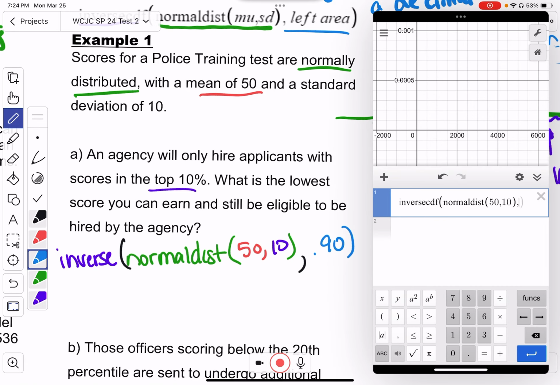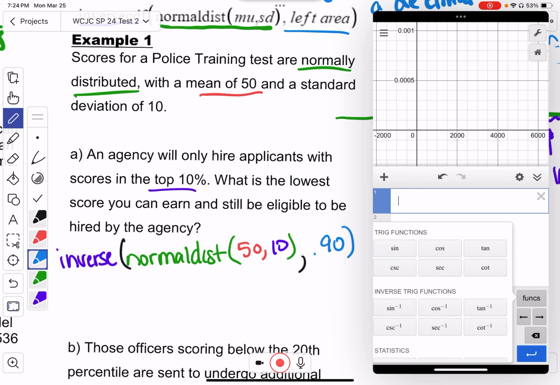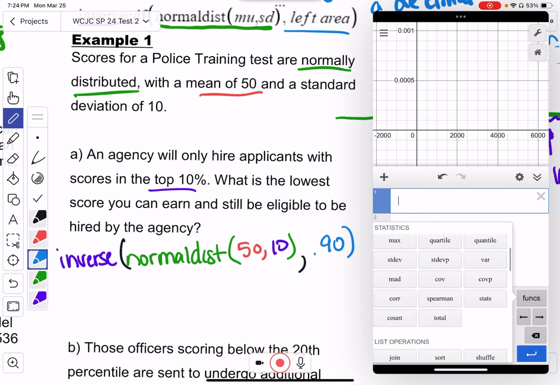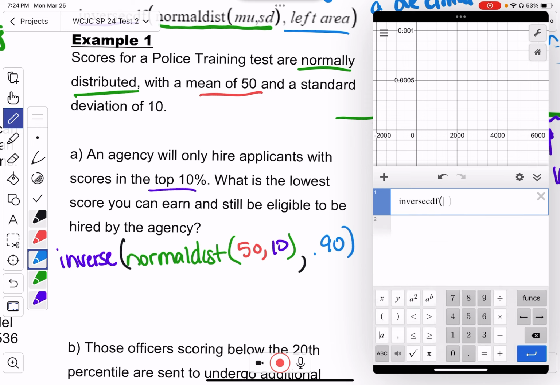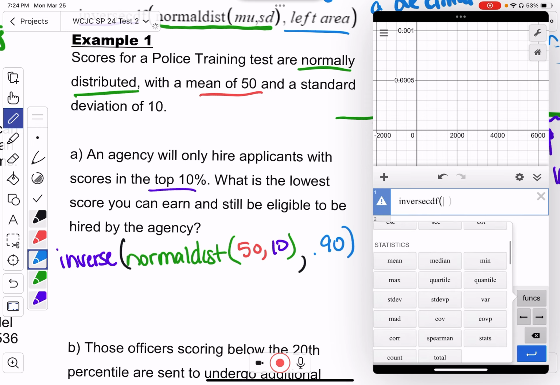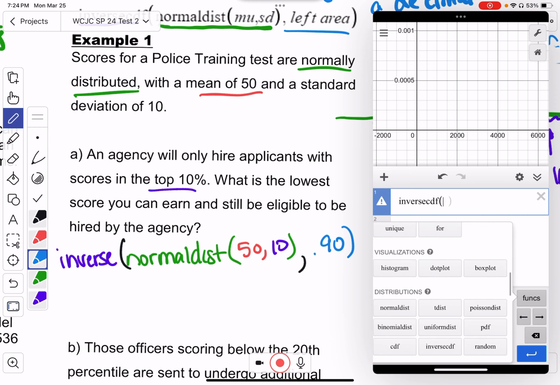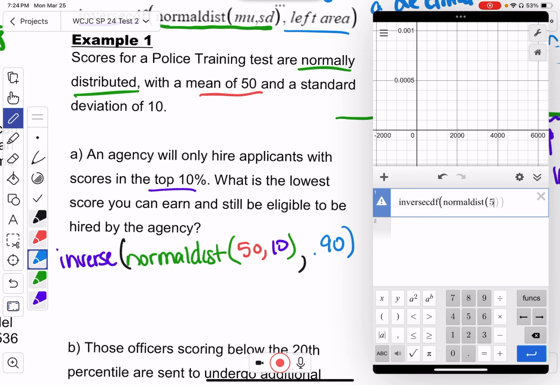We go to functions. The inverse function is located where your other distribution functions are, so it's inverse CDF. Nest inside of there the normal function, give the parameters of the normal, 50 and 10, comma, and then give me the left tail area, 0.9.